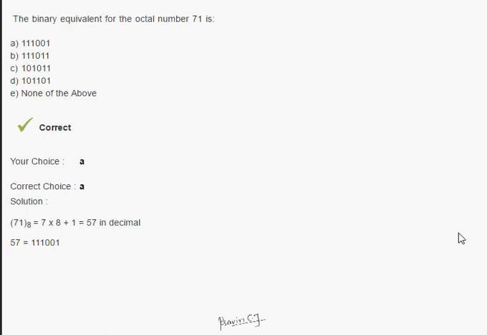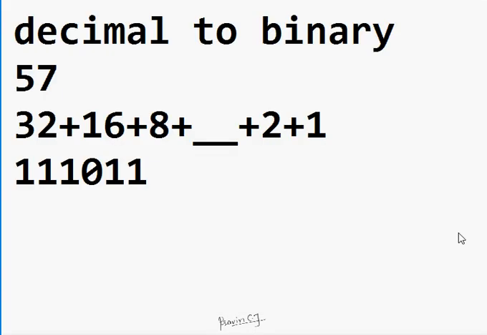We have different methods we can adopt. This is according to my explanation, and you may be thinking in a different way. You can calculate in the traditional way, but you must know this conversion of octal to binary.